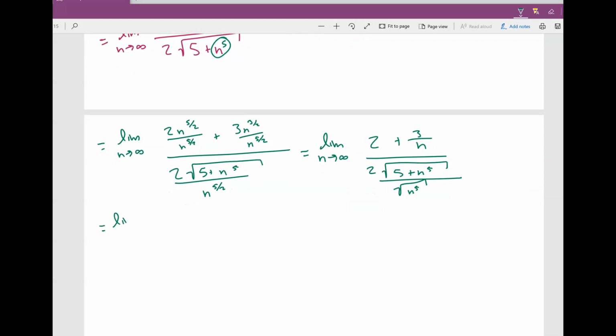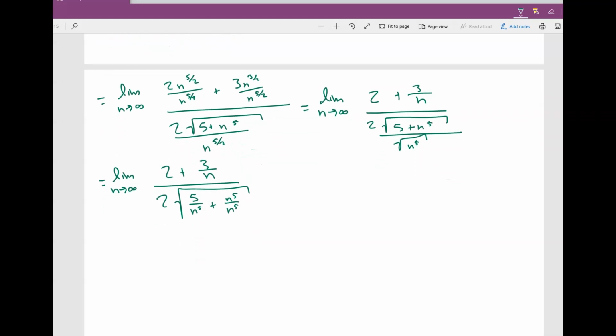So this equals the limit as n goes to infinity of 2 plus 3 over n, divided by 2 times the square root of 5 over n to the 5th plus n to the 5th over n to the 5th. Now let me simplify: the limit as n goes to infinity of 2 plus 3 over n, divided by 2 square root of 5 over n to the 5th plus 1.